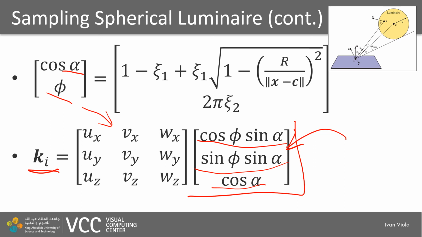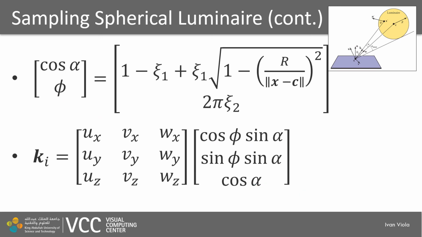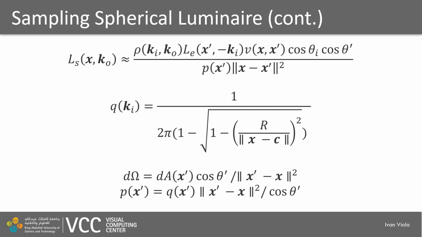And the final thing which we need to care about is to calculate the probability density function. Previously, the function which we calculated was just 1 divided by the solid angle, which we now want to sample as an area. So we want to have an areal differential, not the spherical angle differential.